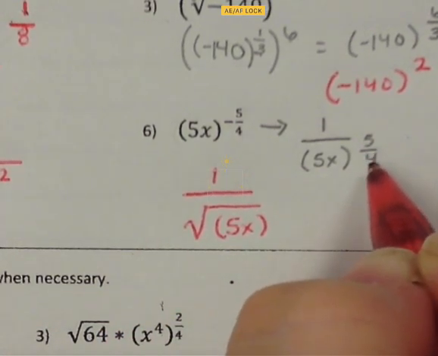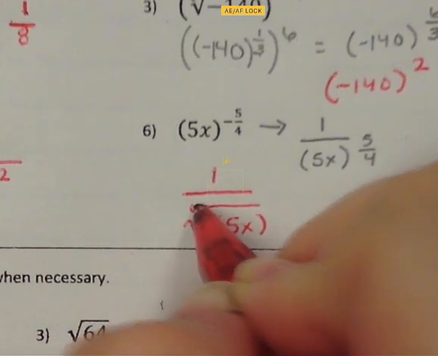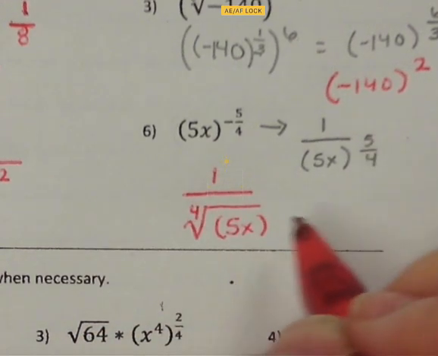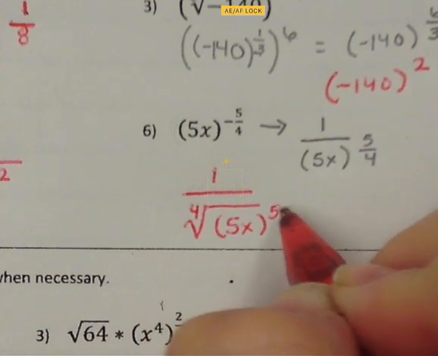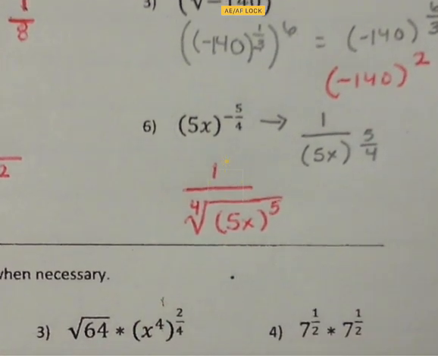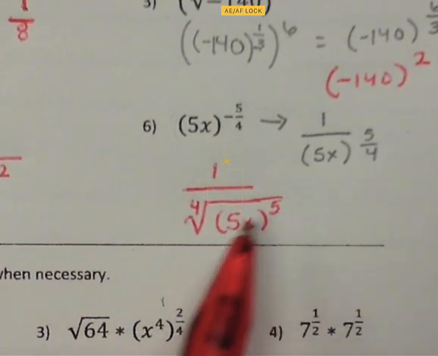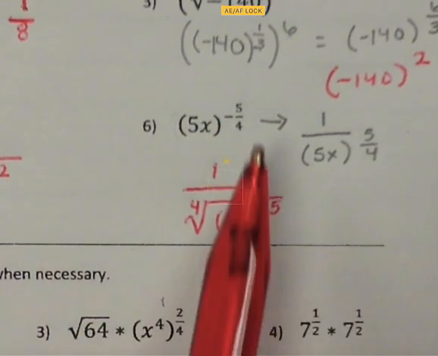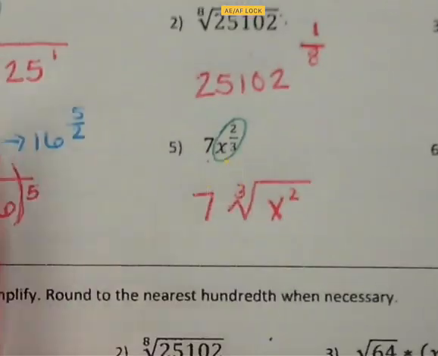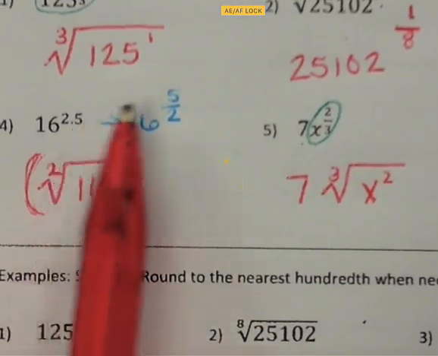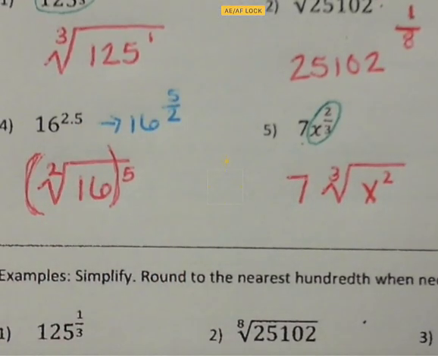Your denominator is your index, so we have the 4th root. And then our exponent is 5, so we have the 5 right here. And that's how you would convert that one. You have to be careful about your negatives. And again, on like number 4, you have to be careful. If you have decimals, you have to convert it to a fraction.